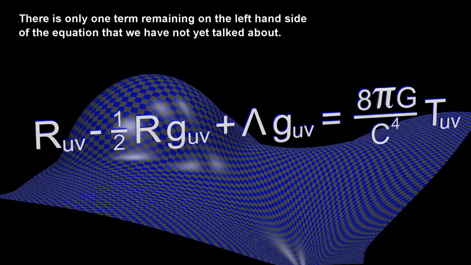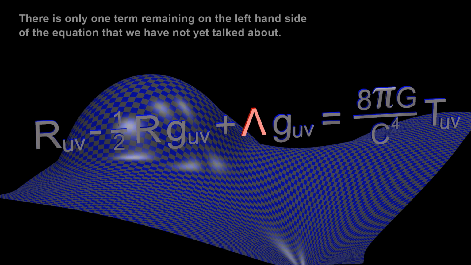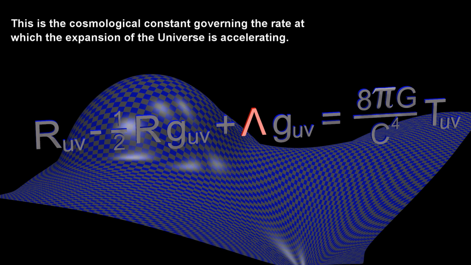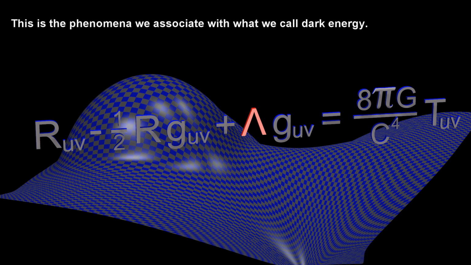There is only one term remaining on the left-hand side of the equation that we've not yet talked about. This is the cosmological constant governing the rate at which the expansion of the universe is accelerating. This is the phenomena we associate with what we call dark energy.